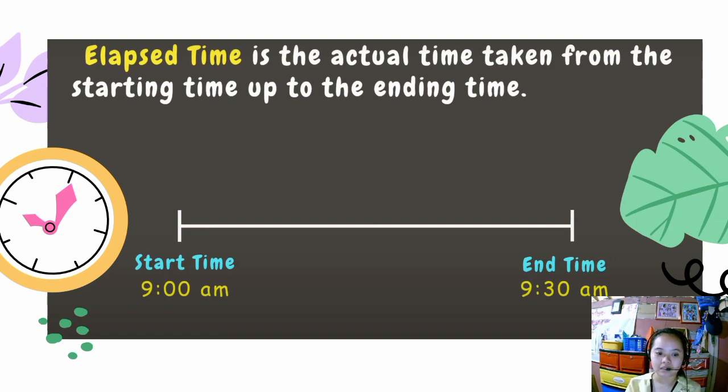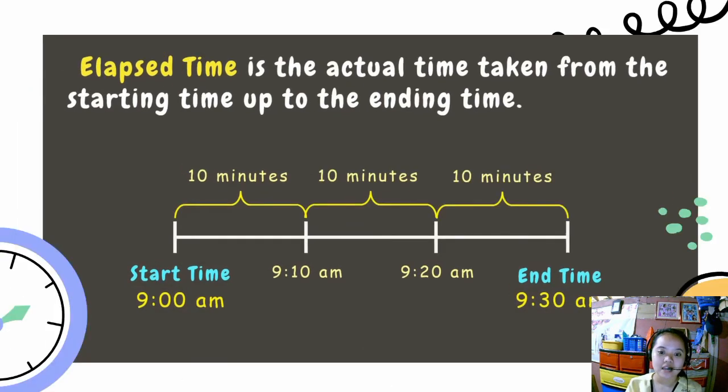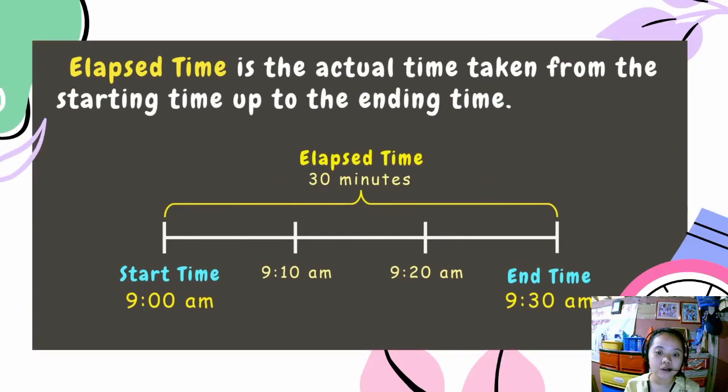So for example, let's say the start time here is 9 a.m. and the end time is 9:30 a.m. So we just have to put the time that has been taken between the start time and the end time, which is 10 minutes, and then we add 10 minutes, and lastly another 10 minutes in order to get to the end time, which is 9:30 a.m. So 10 minutes plus 10 minutes plus 10 minutes is equal to 30 minutes.